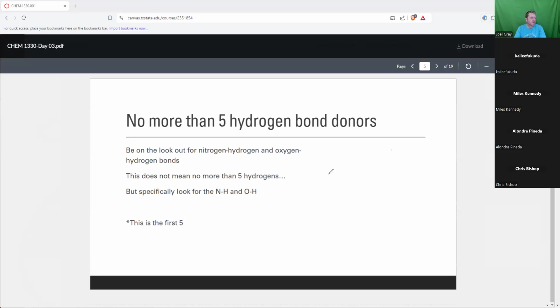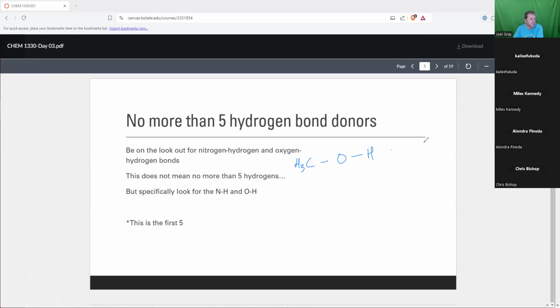A hydrogen bond donor looks like this. Let's go with H3COH. So this is an example of a hydrogen bond donor.